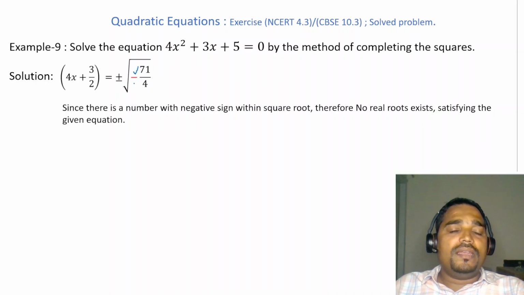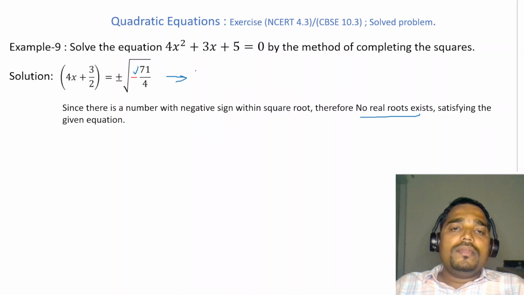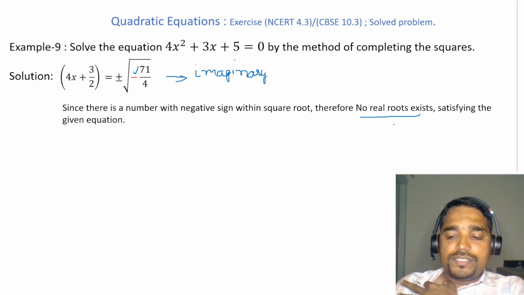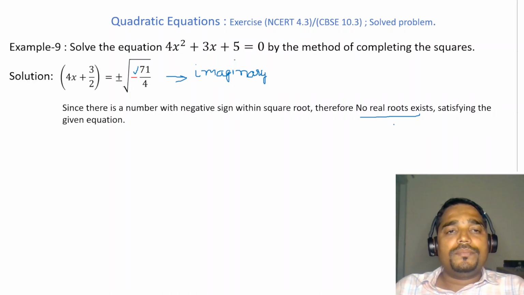Because there is a minus sign within the square root, no real roots exist for this particular equation, as a minus sign within the square root will provide an imaginary number. That is why we conclude that no real roots exist which satisfy the given equation.